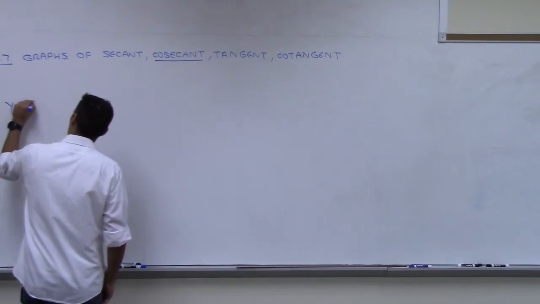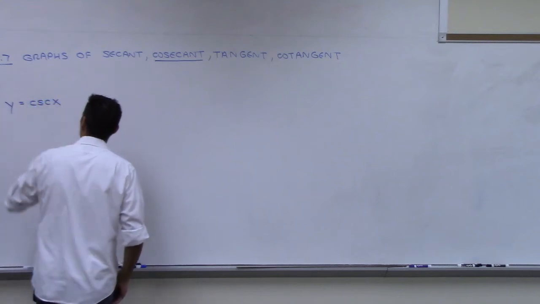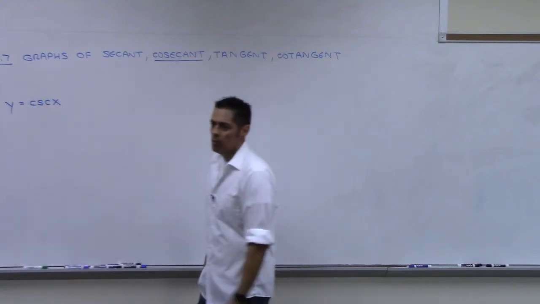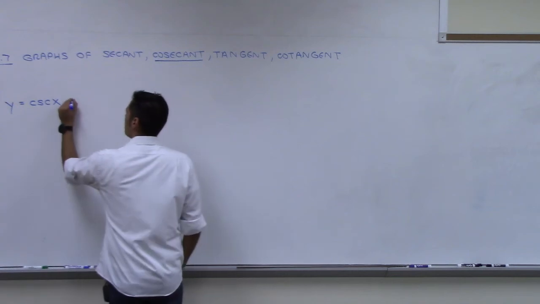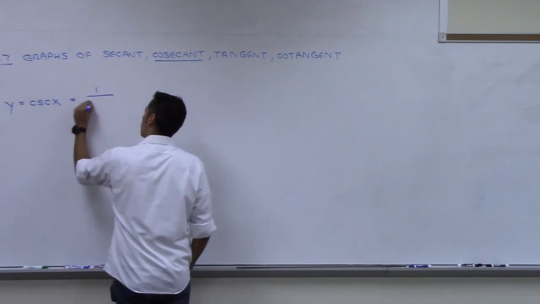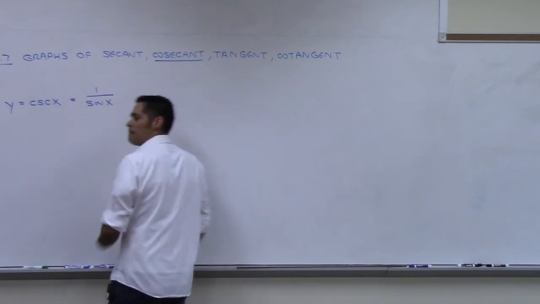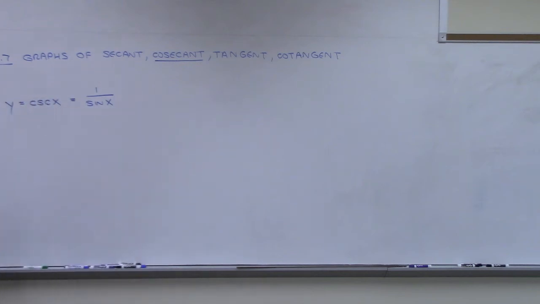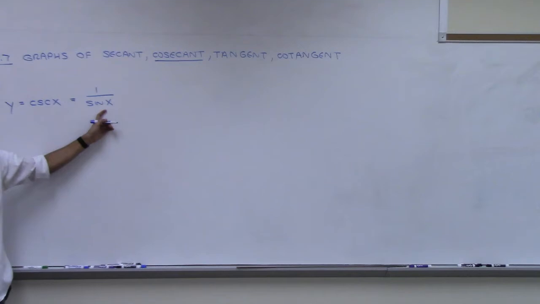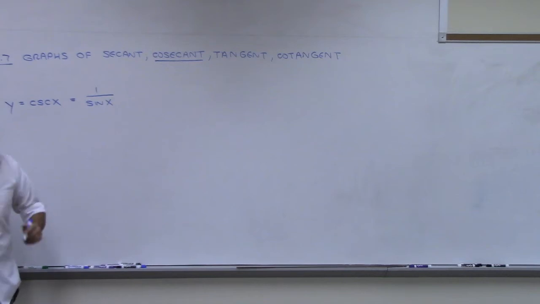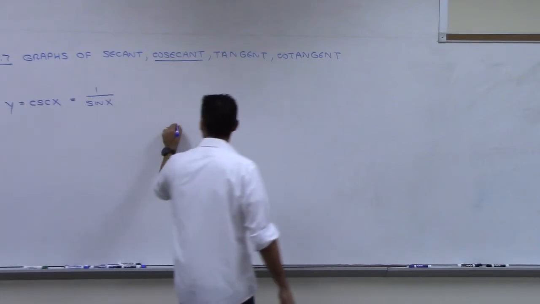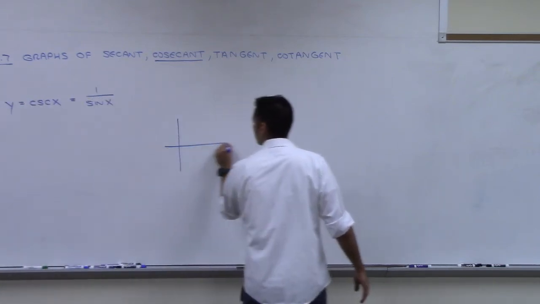Y equals, and we're going to start with the basic cosecant x function. Now, we all remember, hopefully, that cosecant, by definition, is 1 over sine x. So it's basically taking whatever value you have for sine, and taking 1 divided by that. So let's take a look at sine and analyze what happens, because we're like experts with sine now.